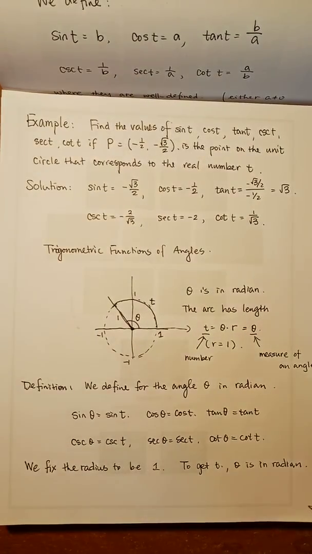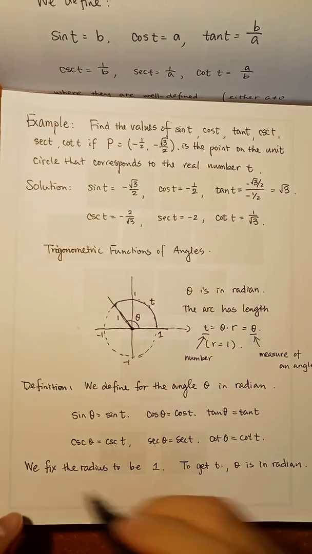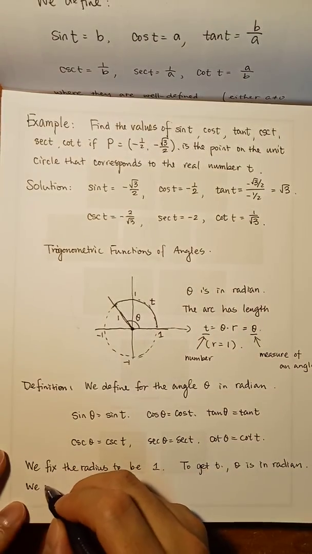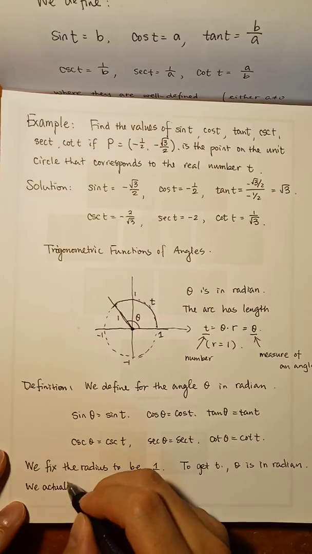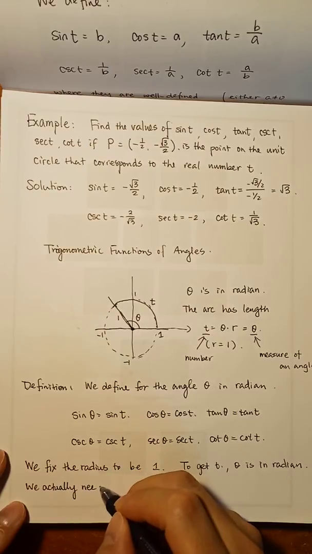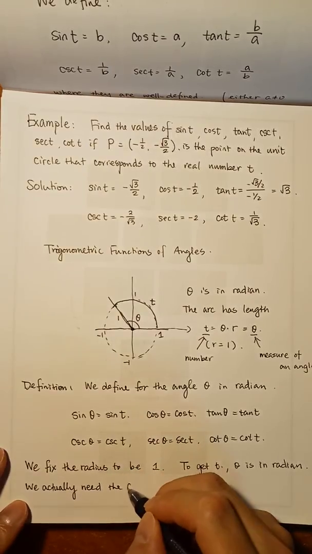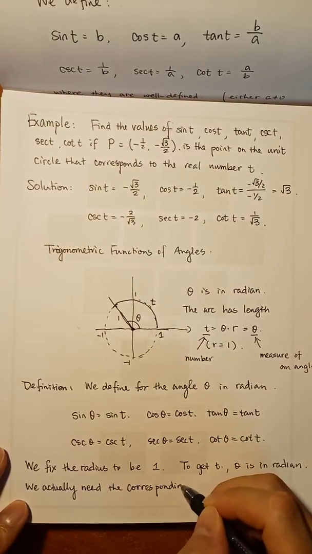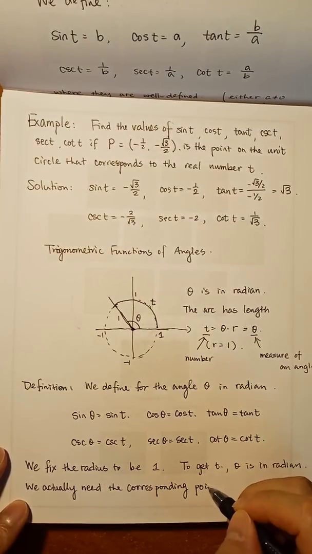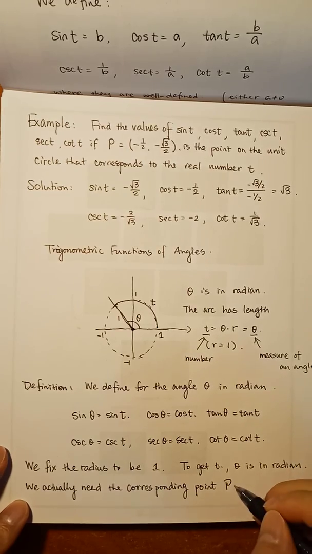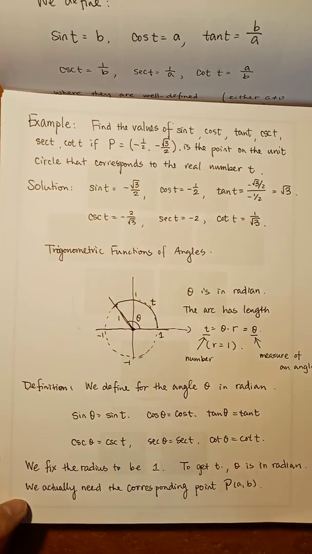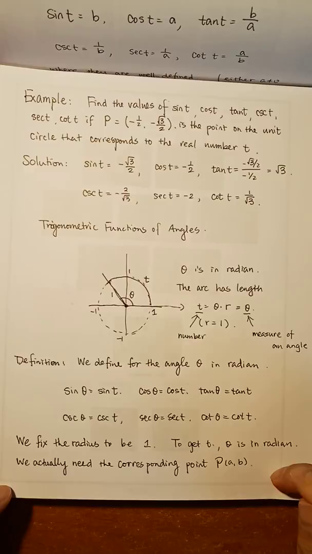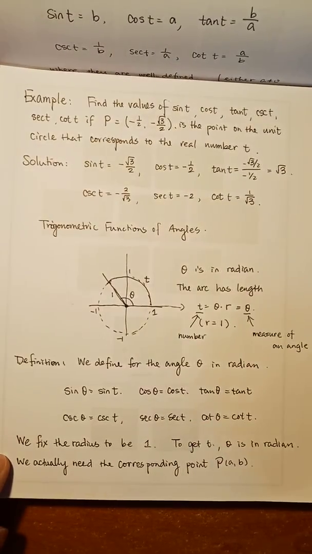But to get t, that's not the important part. We actually need the corresponding point P. This is the important thing we need. T is used to determine P.